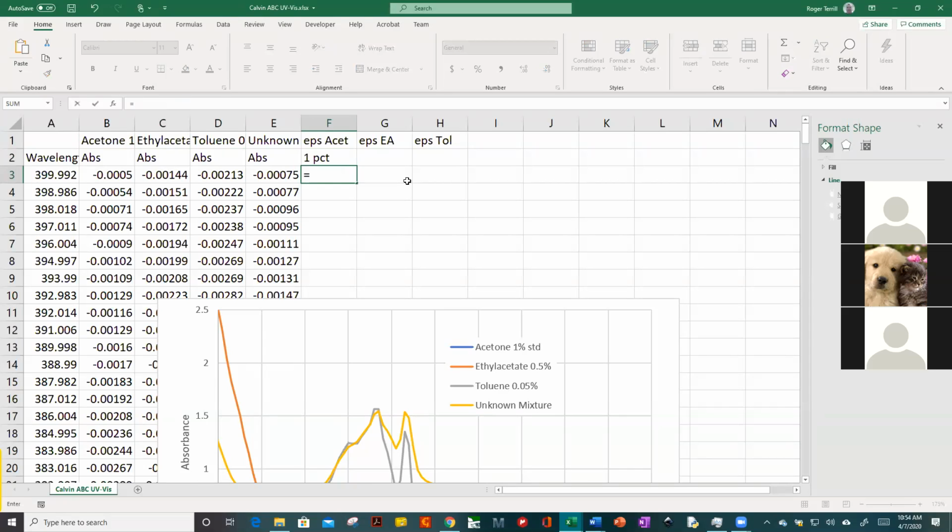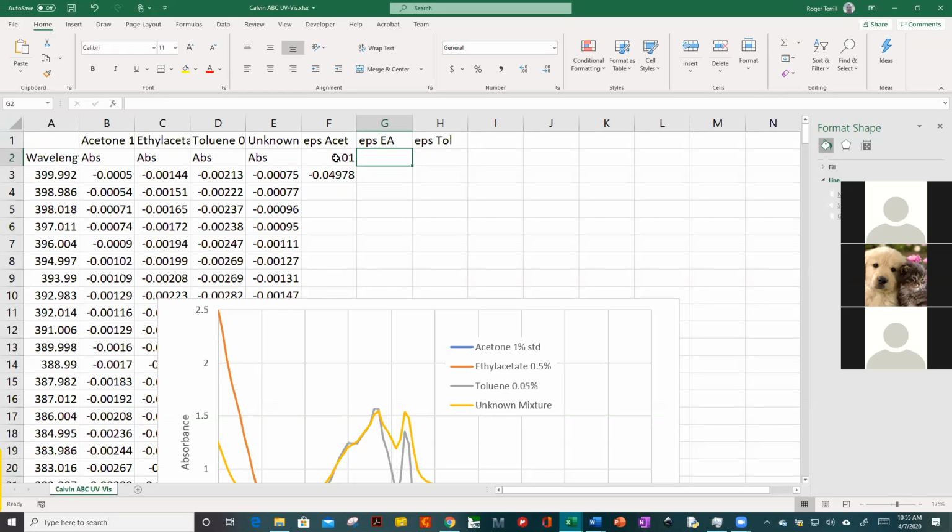So epsilon is going to equal absorbance divided by 0.01, or 1%. Let's divide it by this. You have to divide by B because B is always just 1 centimeter, right? Right, exactly. Okay, and ethyl acetate is 0.005.